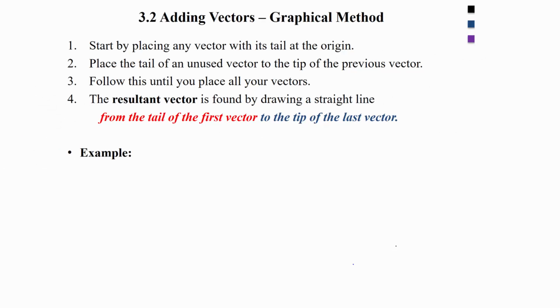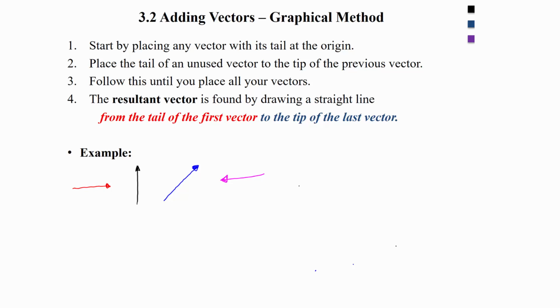Let me do a very quick example. Let me start with a vector going in the horizontal direction like this, and then I have another vector going upward like that, and then I have another vector going somewhere like this. Okay, and then I have another vector going somewhere like this.